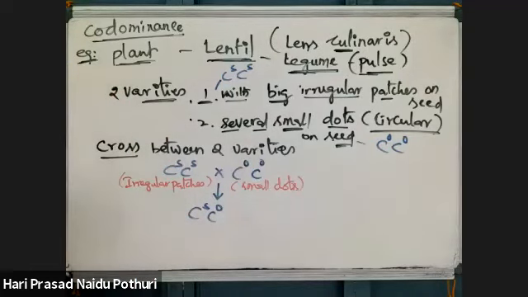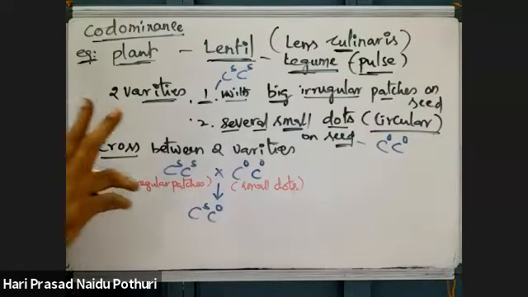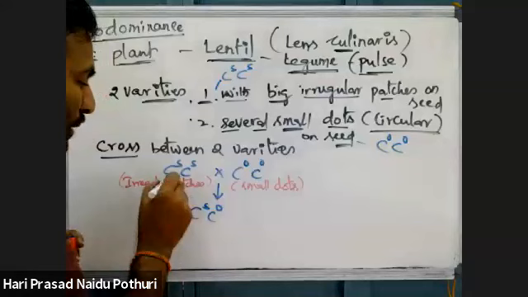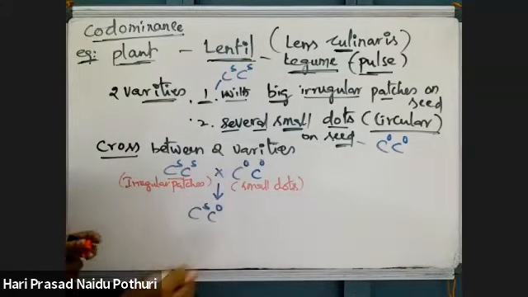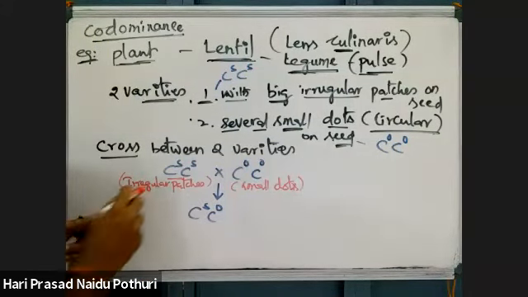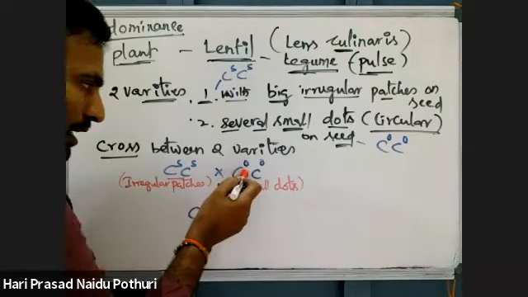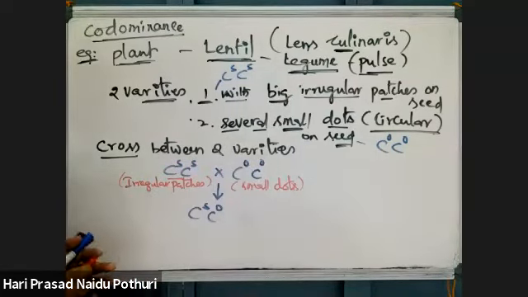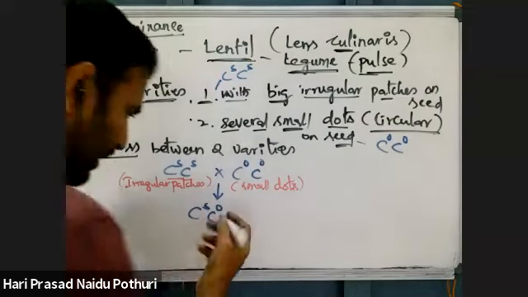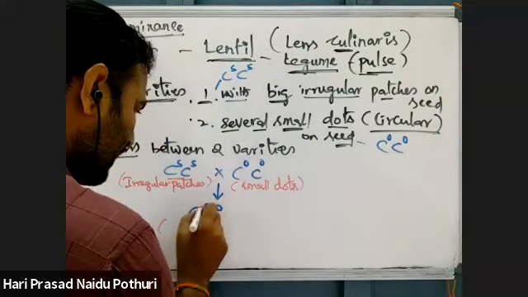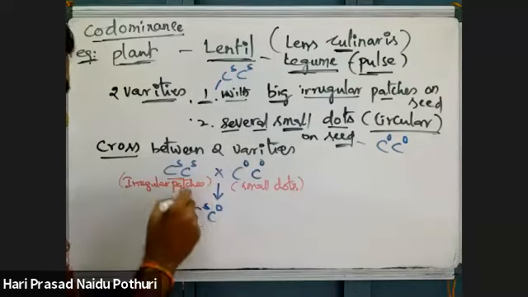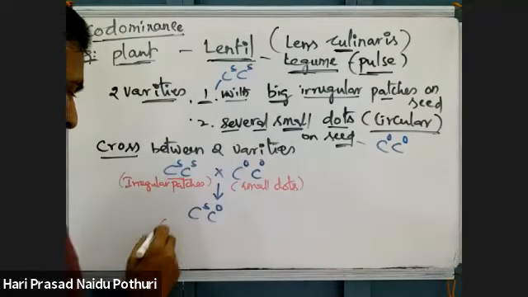The two plants, two pure lines, are true breeding. True breeding means homozygous for all characters. So one dominant character is taken, and another character, the recessive small dot, is taken. But in F1, CS, one allele will come from one parent, another allele will come from the other parent.